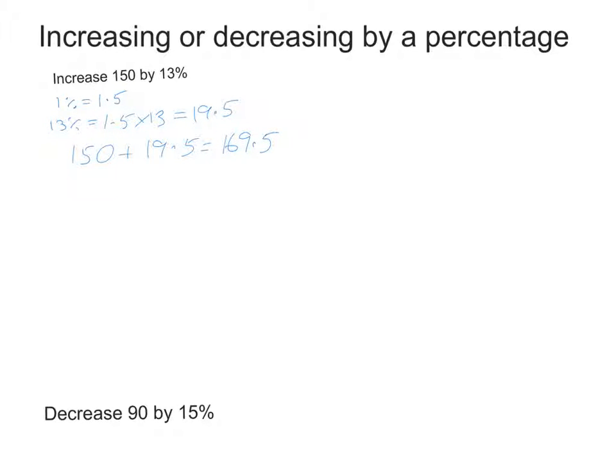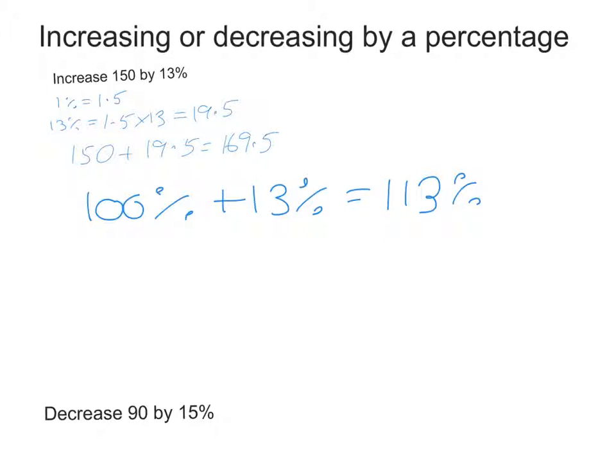I would recommend that you do it with the multiplier method. Now, if you're increasing by 13%, you're starting with the full amount, which is 100%. You're adding 13% on. That means that you're ending up with 113% of the full amount. So basically, I want to find out what is 113% of the full amount.